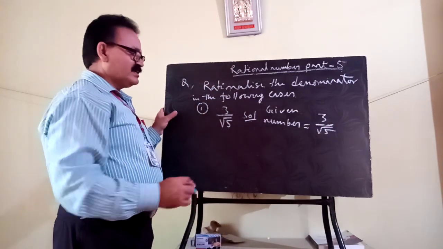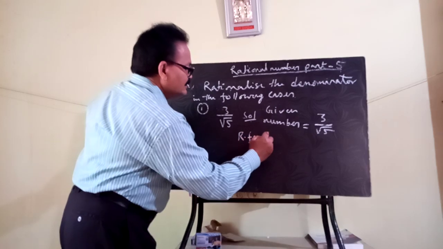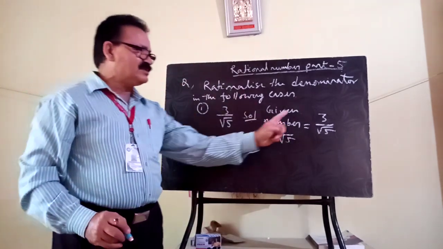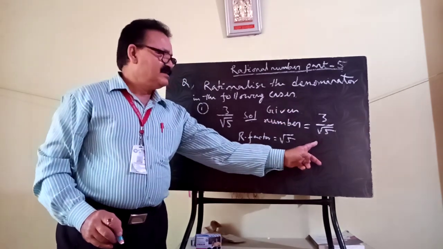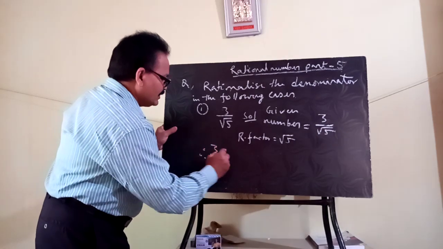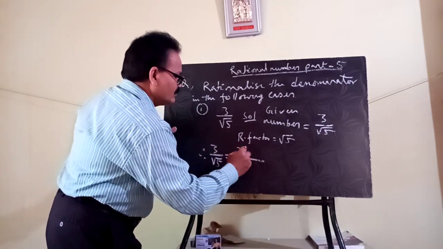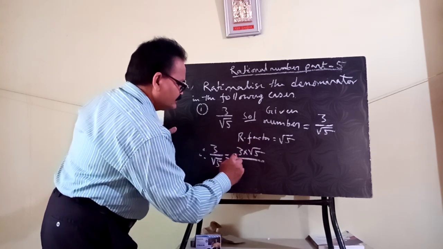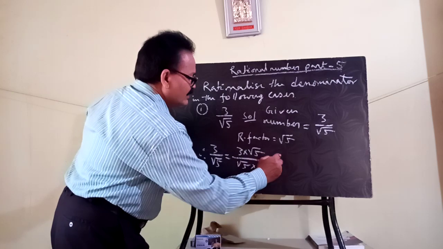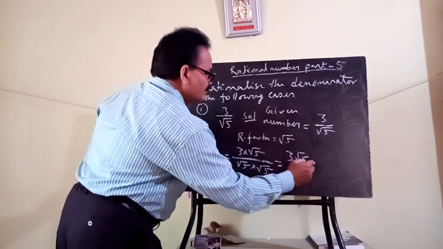Here the rationalizing factor is root 5, so you have to multiply both numerator and denominator with root 5. Therefore 3 by root 5 equals 3 into root 5 over root 5 into root 5, which equals 3 root 5 by 5.